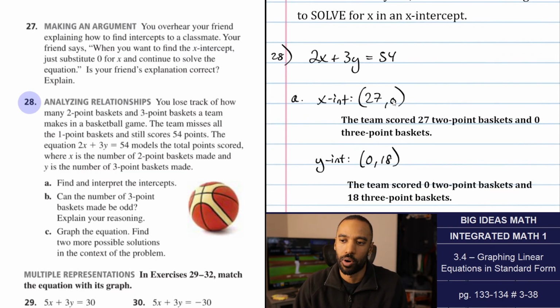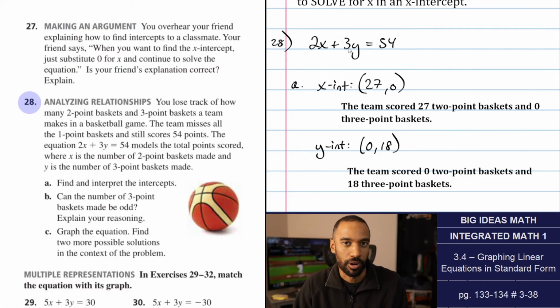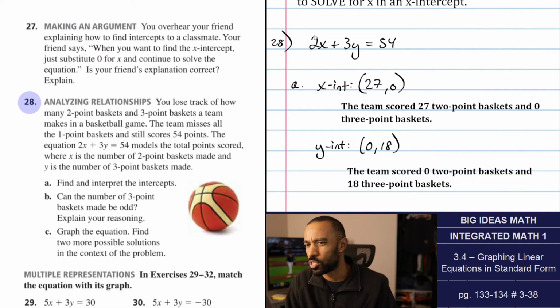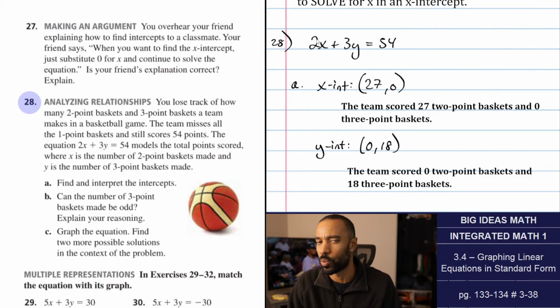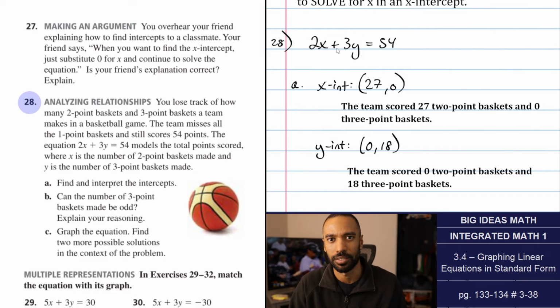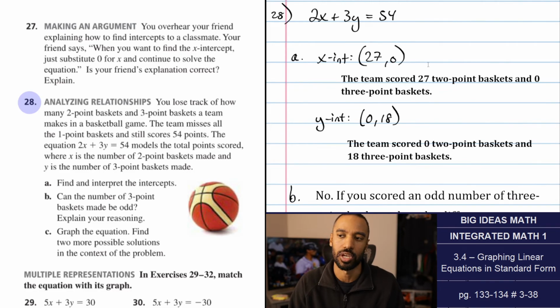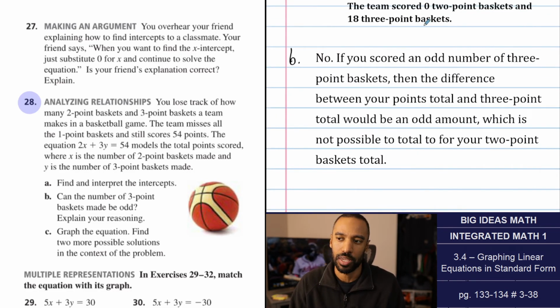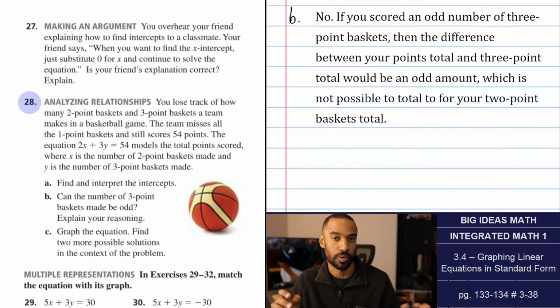Right? Imagine if you scored, like I said, 9 3-pointers. That'd be 27 points. 54 minus 27 is 27. So that means the rest of your 2-point baskets was 27 points. You can't do that. You can't score half a bucket, right? So half a basket. So we didn't score any free throws.